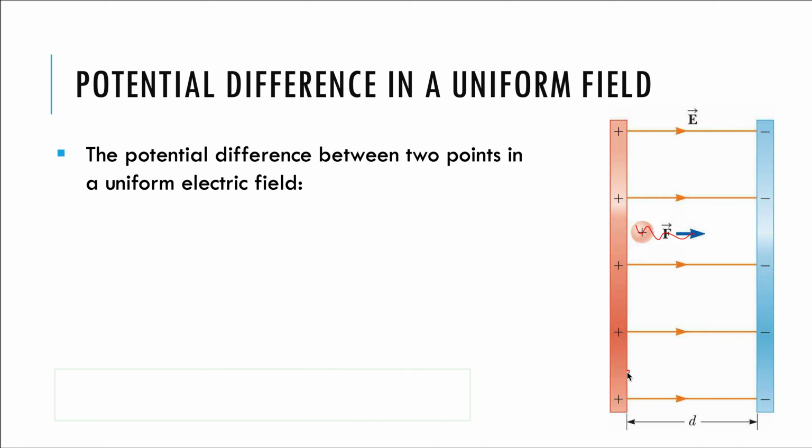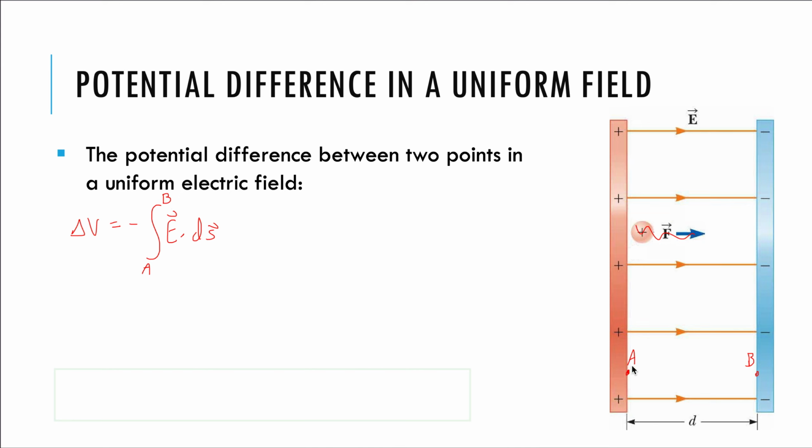But let's say we have a point A here and a point B here, and they are a distance d apart. So to find a potential difference between those points, we would do the integral negative E dot ds from A to B. We want to integrate along that path.